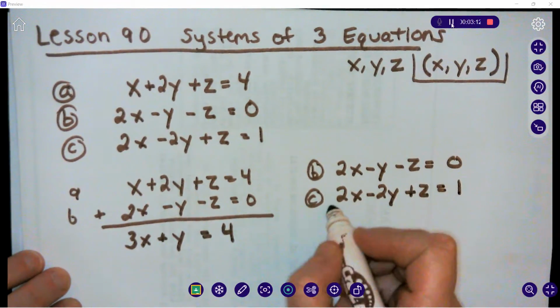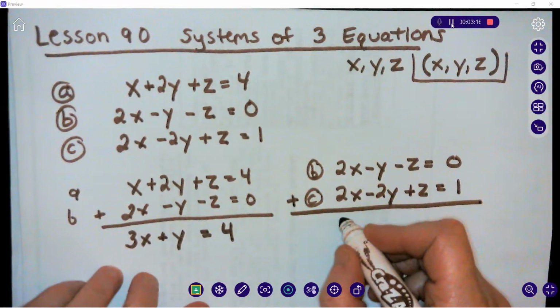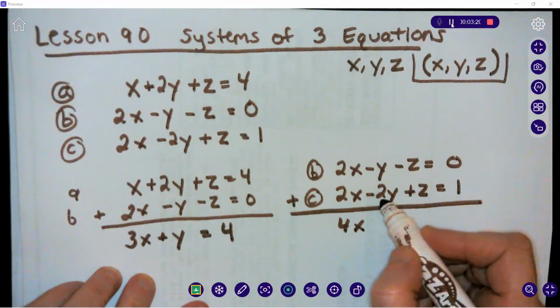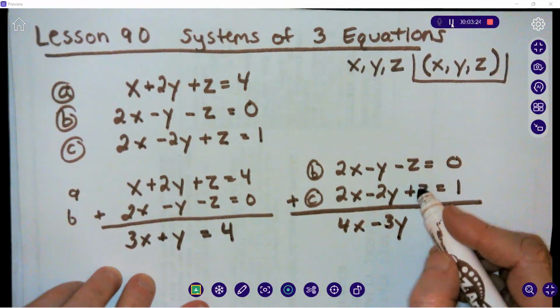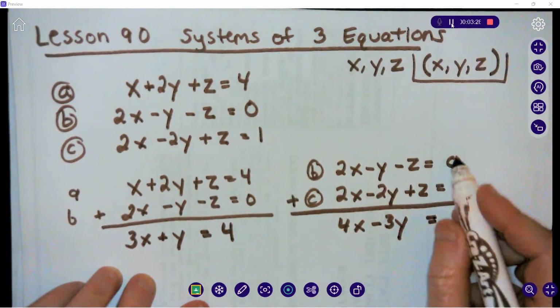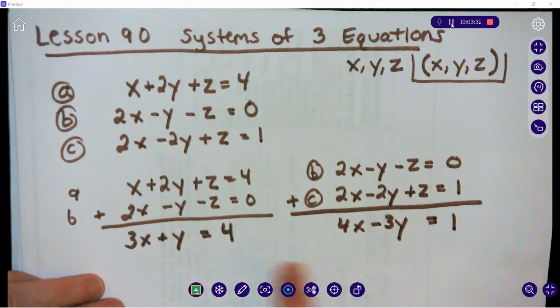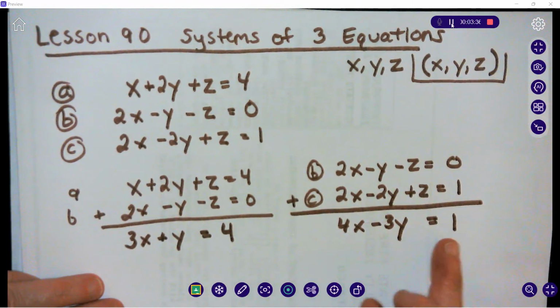Now we're going to add those two together. 2x plus 2x equals 4x. Negative y plus a negative 2y gives us a negative 3y. The z's go away because a negative z and a positive z equals 0. And then this equals 1. Now we have something we can work with. We have 3x plus y equals 4 and 4x minus 3y equals 1.